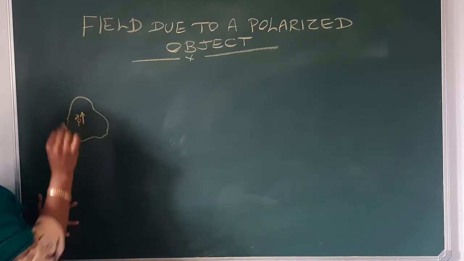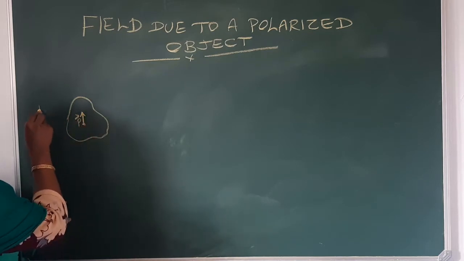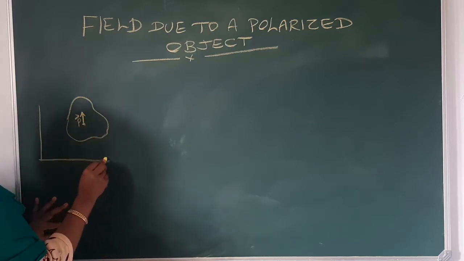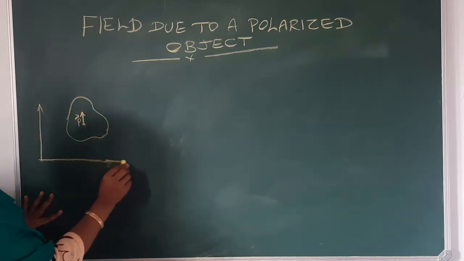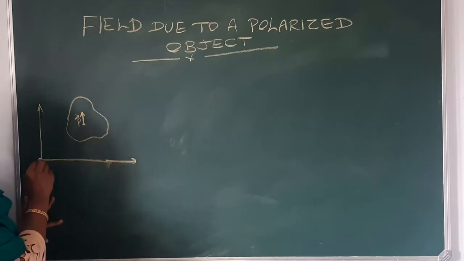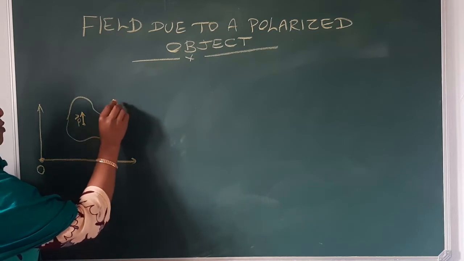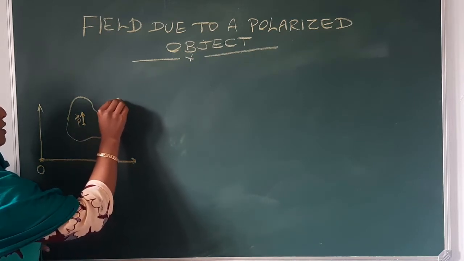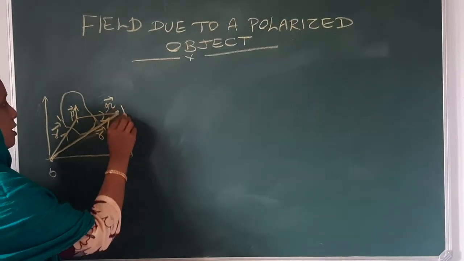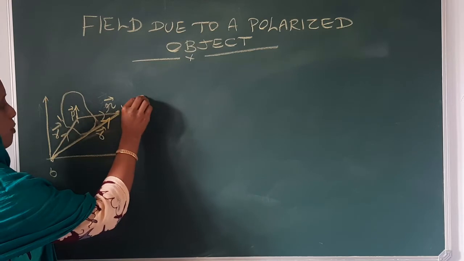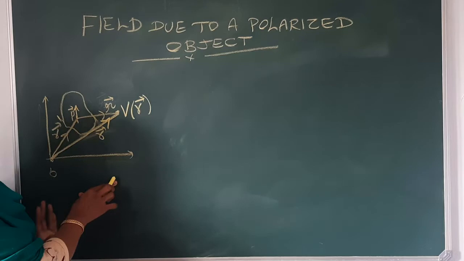There is a coordinate system here, and this is the origin of the coordinate system. Now we want to find the electric field at a point here. This is the separation vector. We have to find the electric field and the scalar potential at this point. This is our problem.